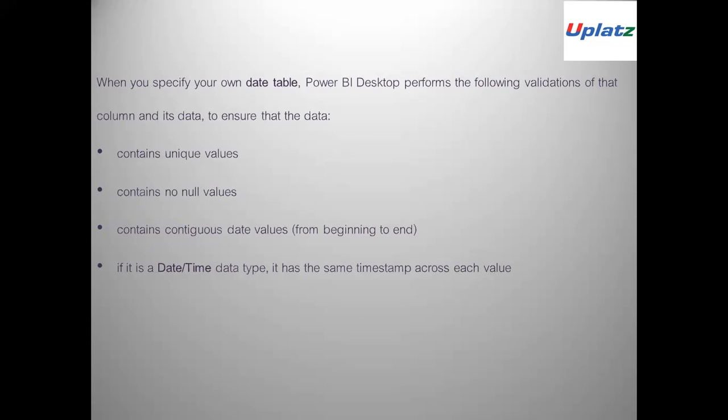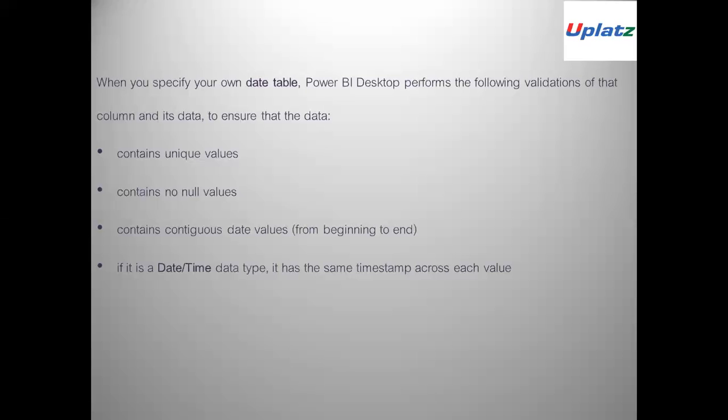It ensures it contains unique values, a date or time data type, and the same times across each value. It is created by ourselves, but Power BI still validates whether the date field is valid or not.